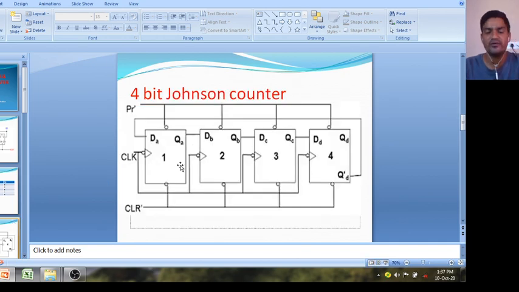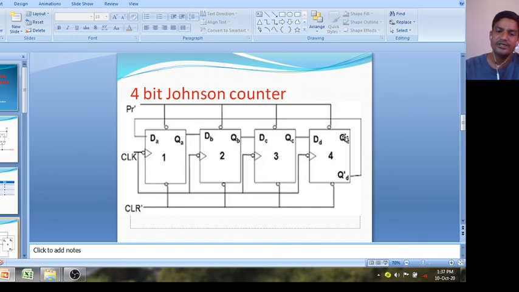Now we will see the Johnson counter. What do we do in a Johnson counter? In a Johnson counter, the complemented output of the last flip-flop is connected to the input of the first flip-flop. Earlier, in case of a ring counter, we were connecting the uncomplemented output.